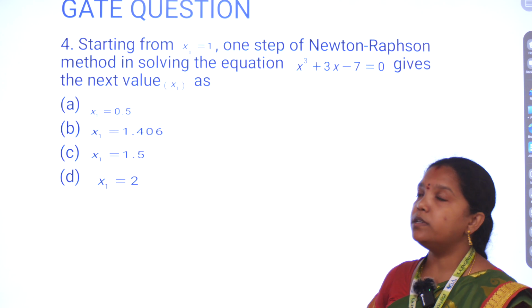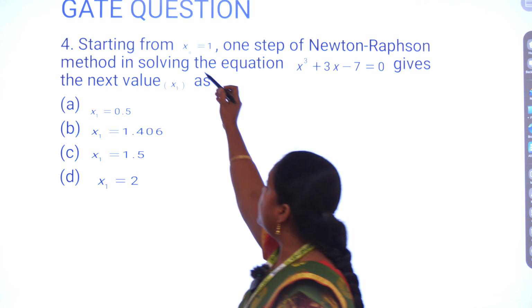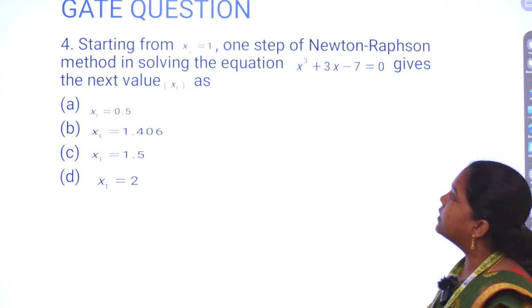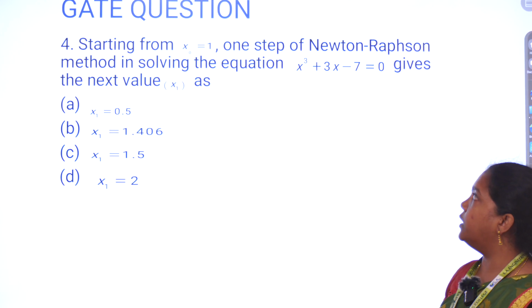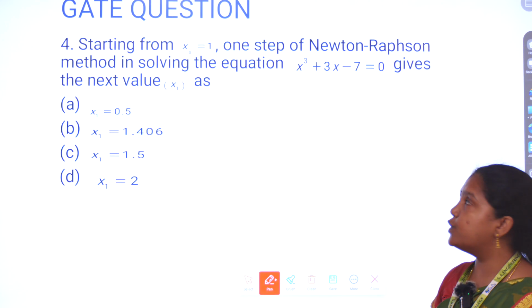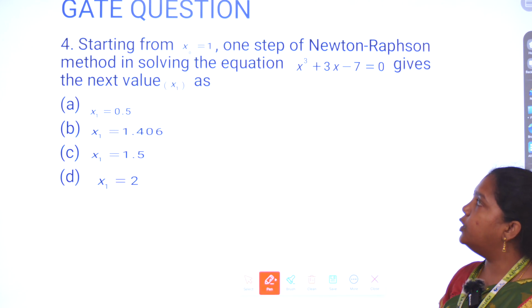Moving to the next question. Starting from x0 equal to 1, one step of Newton-Raphson method in solving the equation x cube plus 3x minus 7 equal to 0 gives the next value x1.